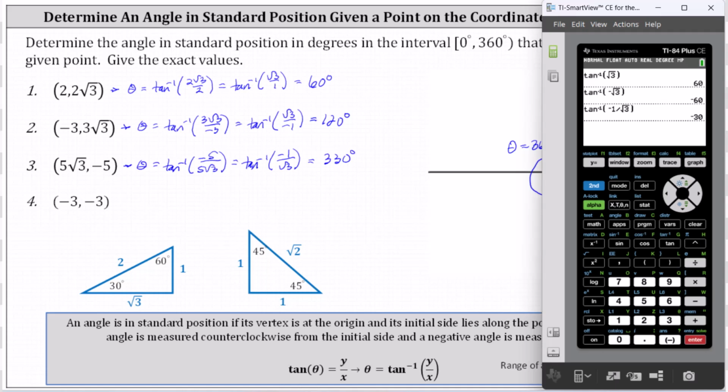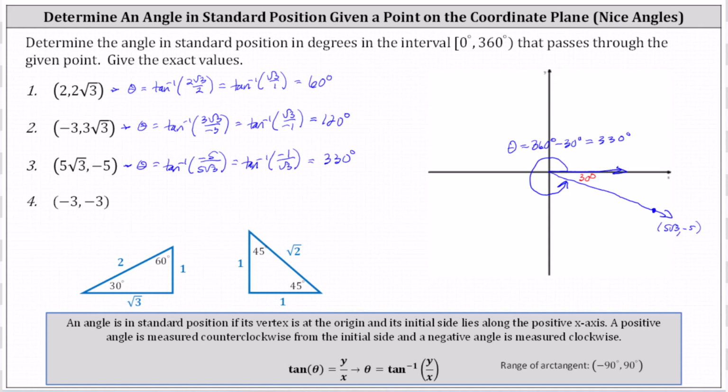And notice how the calculator gives us negative 30 degrees, which is not the angle we're looking for, but it does tell us the reference angle in the fourth quadrant would be 30 degrees, which we've already sketched. So the calculator gave us this angle here as negative 30 degrees. If we wanted to find the angle we needed, we could add 360 degrees to the angle the calculator gave us, which notice would also give us 330 degrees.